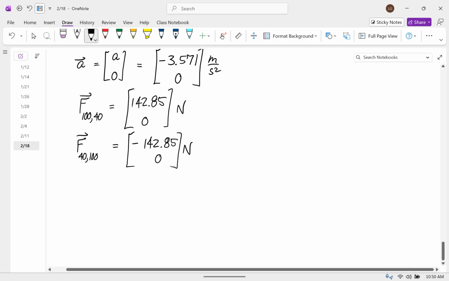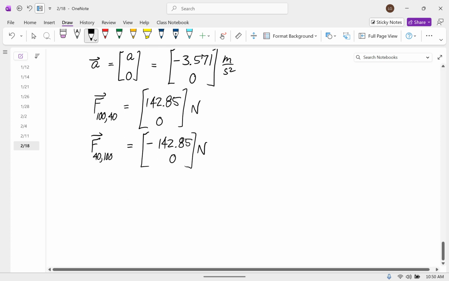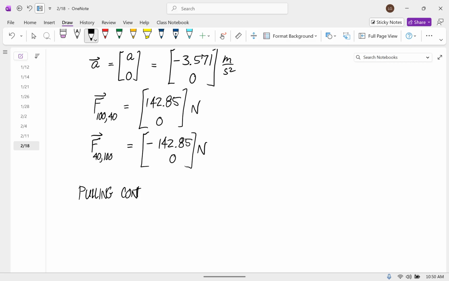So the next type of force that has a known direction for us is pulling contacts. We're always going to think of that as being applied by cables.